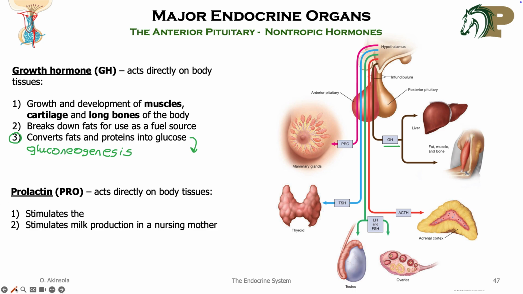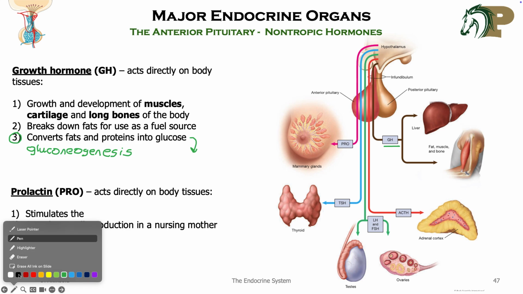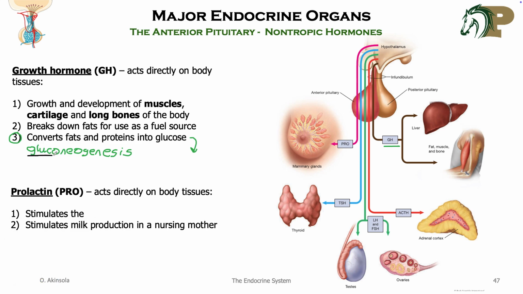And what I always like to do when we get words like this is to break these words down. So we have gluco, we have neo, and we have genesis. Gluco, of course, means glucose. Neo, if you're a fan of the Matrix series, neo means new. And then genesis means beginning or creation.